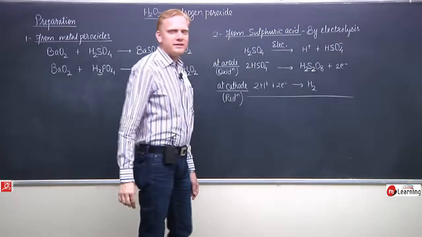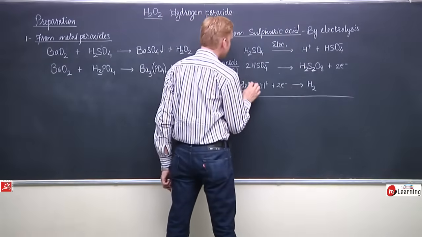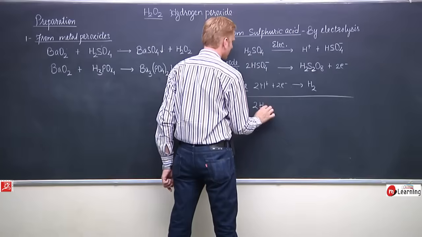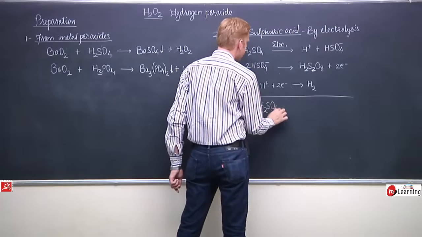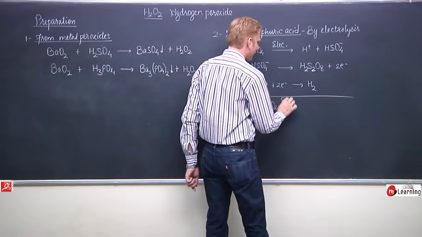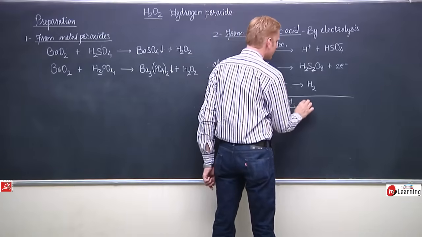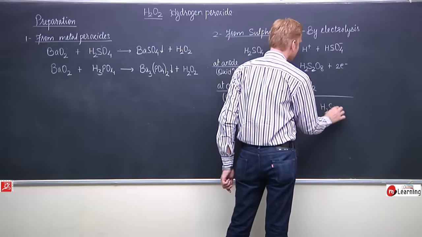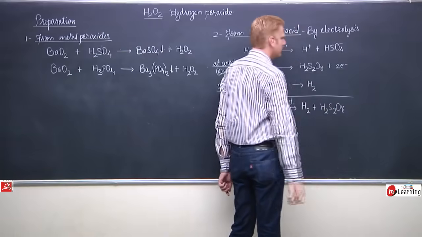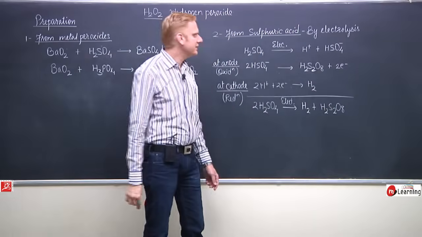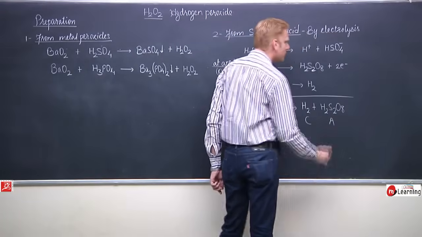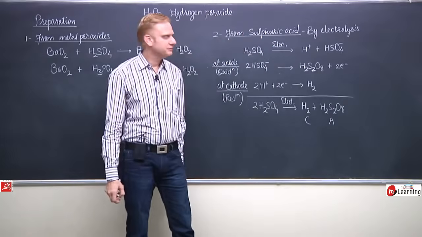In an overall manner, sulfuric acid after electrolysis gives hydrogen gas and H2S2O8, these two compounds. Hydrogen is obtained at cathode and H2S2O8 is obtained at anode.